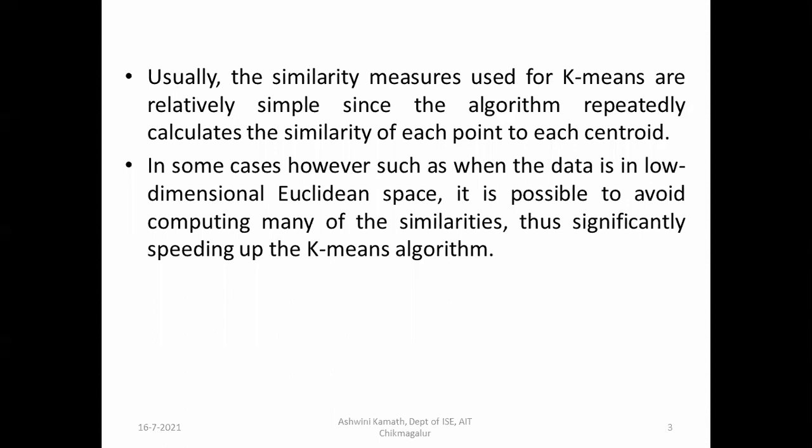In some cases, such as when the data is in low-dimensional Euclidean space, where the number of dimensions is low, for example two-dimensional, it is possible to avoid computing many of the similarities, thus significantly speeding up the k-means algorithm.